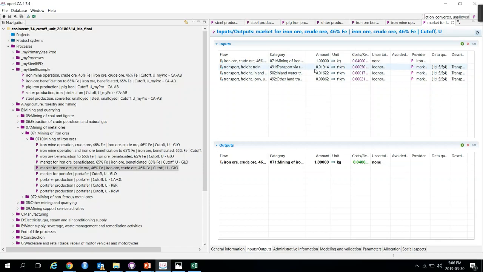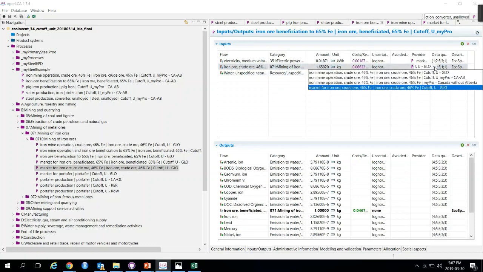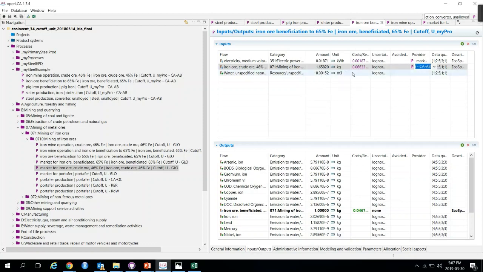You see, it's an order of magnitude less than to get the beneficiated ore at 65% to the sinter iron plant. So for now, let's make a similar assumption. Let's just say 0.02 ton kilometers to get the iron ore to the iron ore beneficiation plant, because remember we're changing the market mix process input, the original one, to the one we just created, which is a transforming process. It's not a market mix process anymore, so we lost that transport input, and we need to add it.